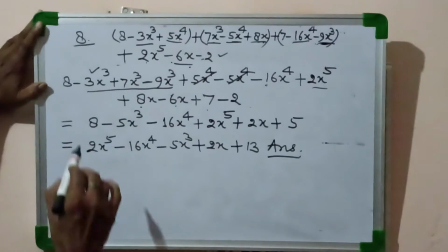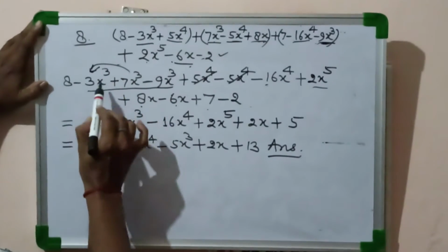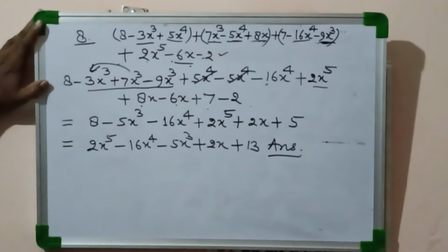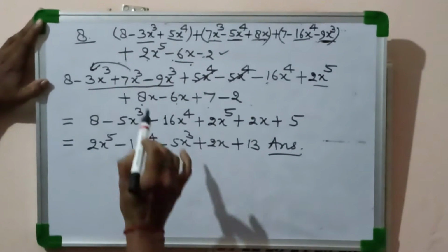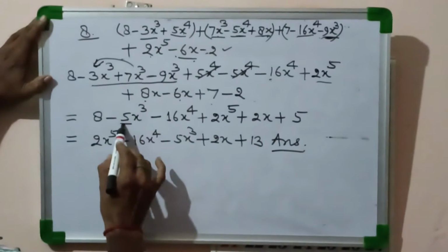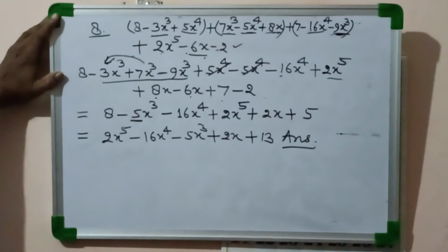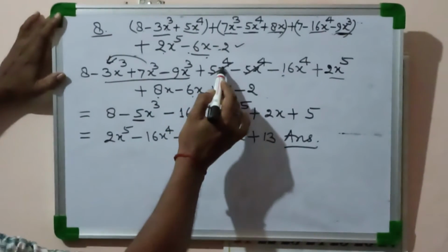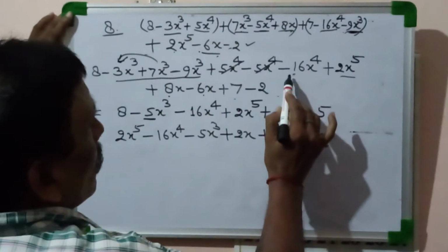Now it is 8. 7 minus 3 means 4, 4x cube minus 9x cube, 4 minus 9 is minus 5, so minus 5x cube. Now 5x power 4 minus 5x power 4 will cancel, you will get only minus 16x power 4.